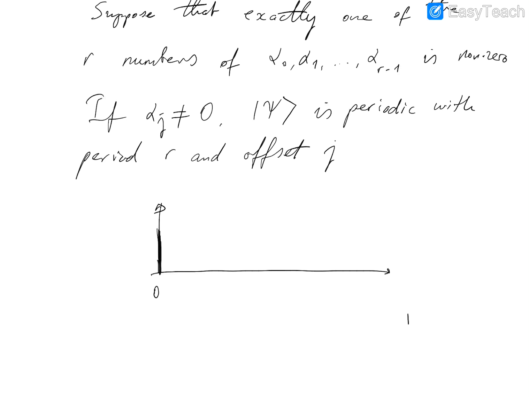So 0 has a non-zero amplitude, and then r, 2r, 3r, and so on, up to m minus r, that is, (m over r minus 1) times r.